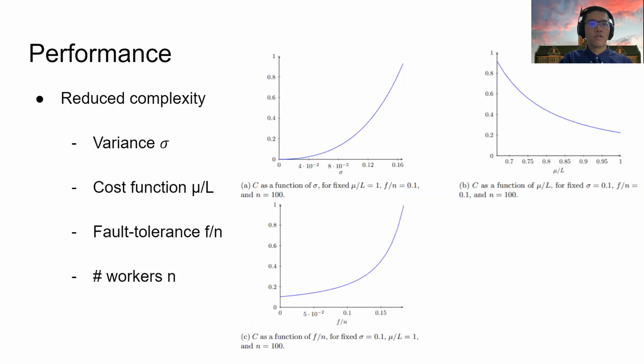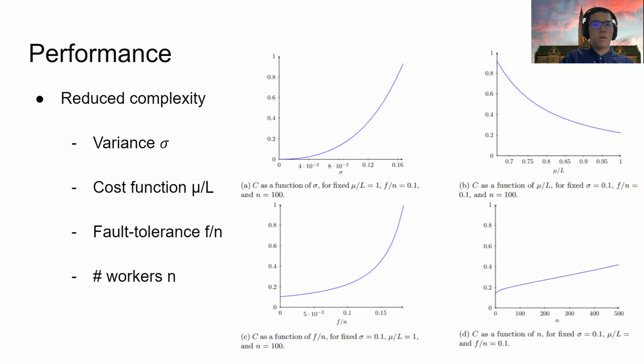Third, there is a trade-off between the reduced complexity and the fault resilience. As the fault tolerance approaches the sufficient upper bound, which is 1 over 4L over mu, then the upper bound of the complexity blows up. And when the fault resilience is relatively low, the complexity is guaranteed to be low.